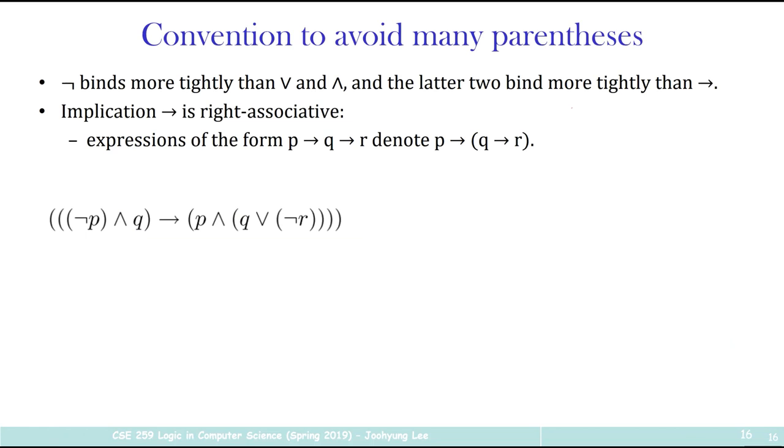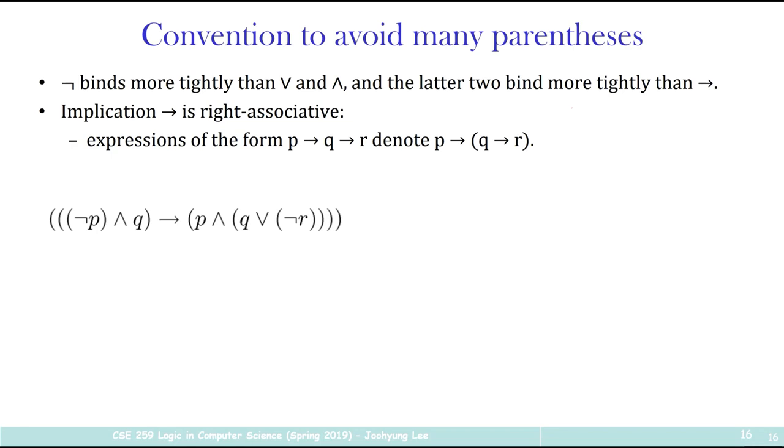All right, so now I'm going to release you. You don't have to worry too much about the parentheses. So let's adopt this convention. The binding power: negation binds more tightly than disjunction and conjunction, and disjunction and conjunction bind more tightly than implication. And implication is right associative.